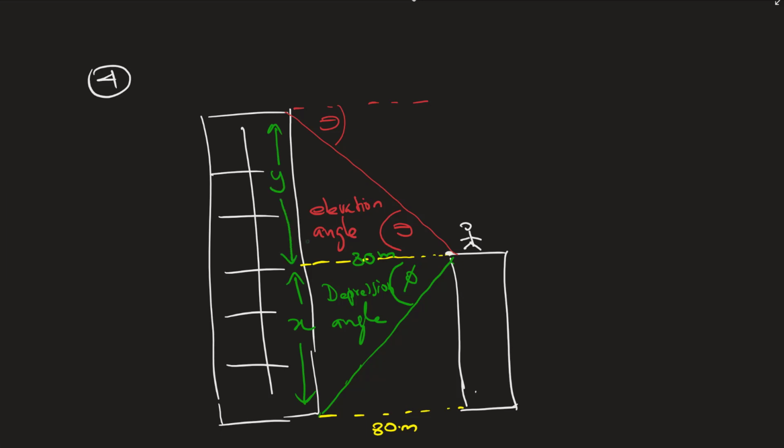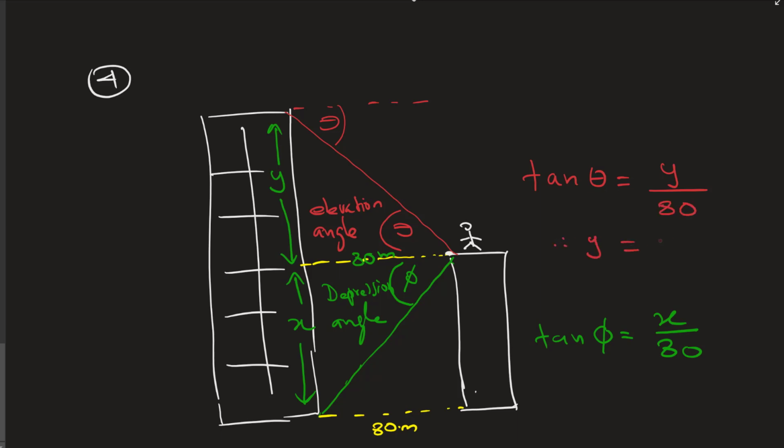You see how you define angle of elevation and angle of depression. So then you can use tan theta to find x divided by 80 meters, which is the distance between the two buildings, and tan theta is y over 80 meters, and tan psi, the depression angle, is actually x over 80.